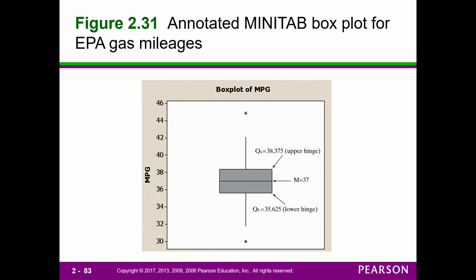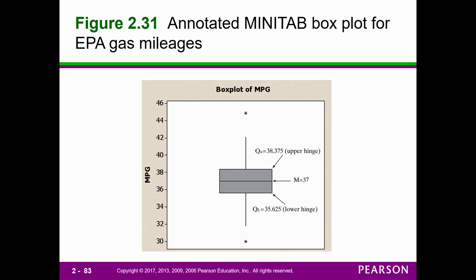Thus, the lower whisker extends to 31.8. Similarly, the upper whisker extends to 42.1, the largest measurement inside the upper inner fence.